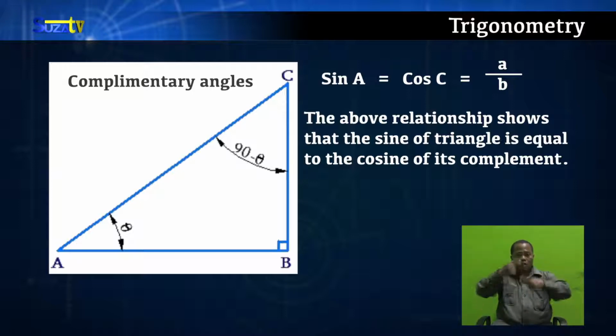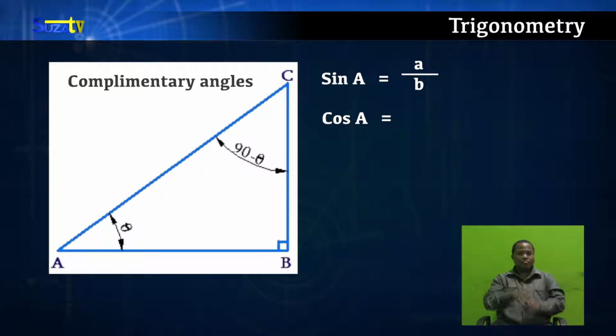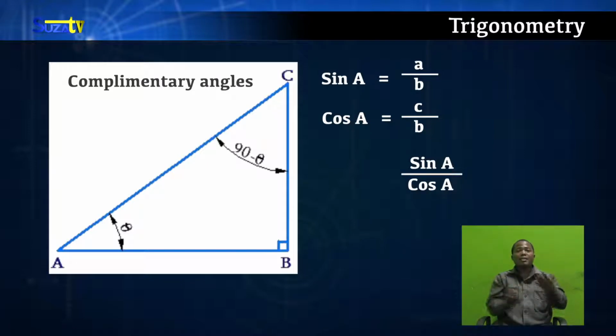Now let us continue with tangent. From the given triangle, we found that sine A is equal to a over b, and cos A is equal to c over b. So, if you take sine A divided by cos A, what is the result?